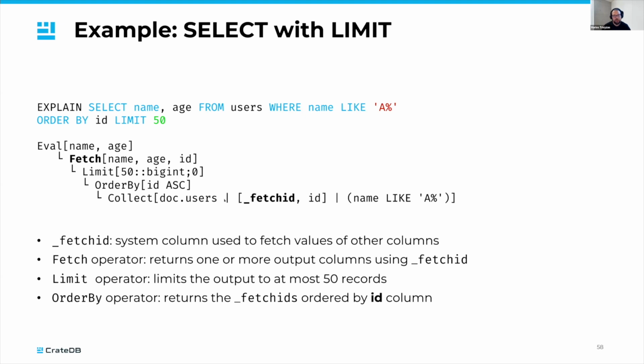So instead, what we do is that we ask for a fetch ID, which uniquely identifies the rows. And after that, after limiting the results to 50 as defined in our query, we use the fetch operator, which uses the fetch ID, and asks the fetch operator to get back the rest of the columns required to return to the user.